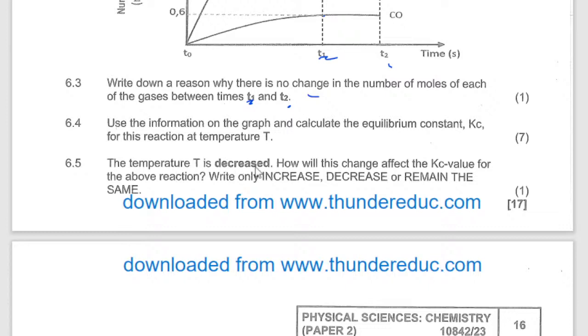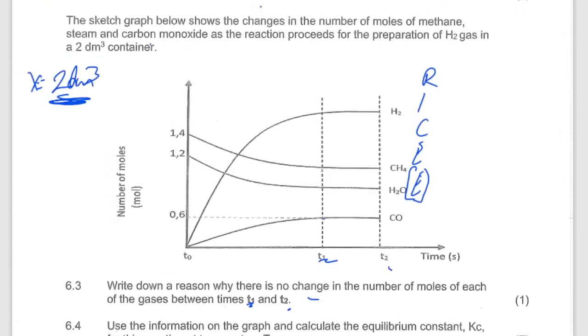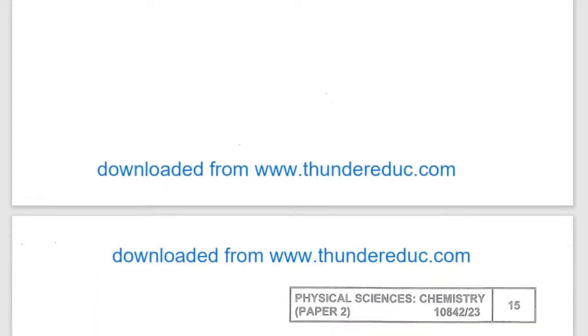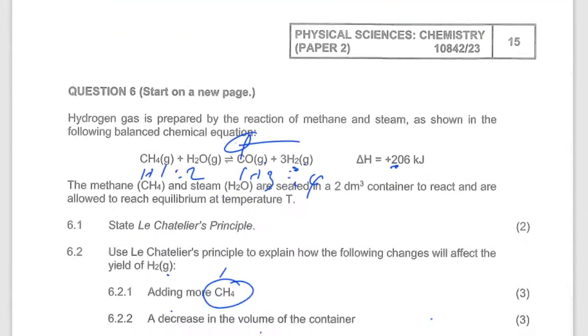Temperature T is decreased. How will this change affect the Kc value for the above reaction? Increase, decrease, or remain the same? Is this reaction endothermic or exothermic? We saw that it's endothermic because the enthalpy change is positive.